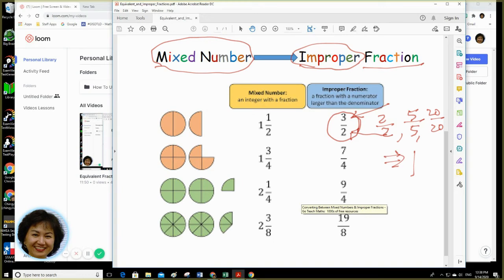Since an improper fraction has the numerator that is greater than denominator, the value of an improper fraction is greater than 1. Like this 3/2, the value is greater than 1.